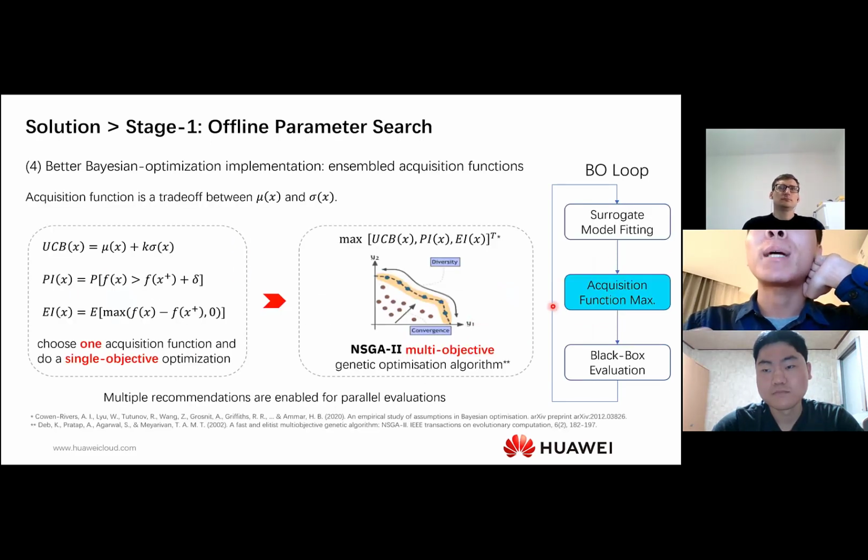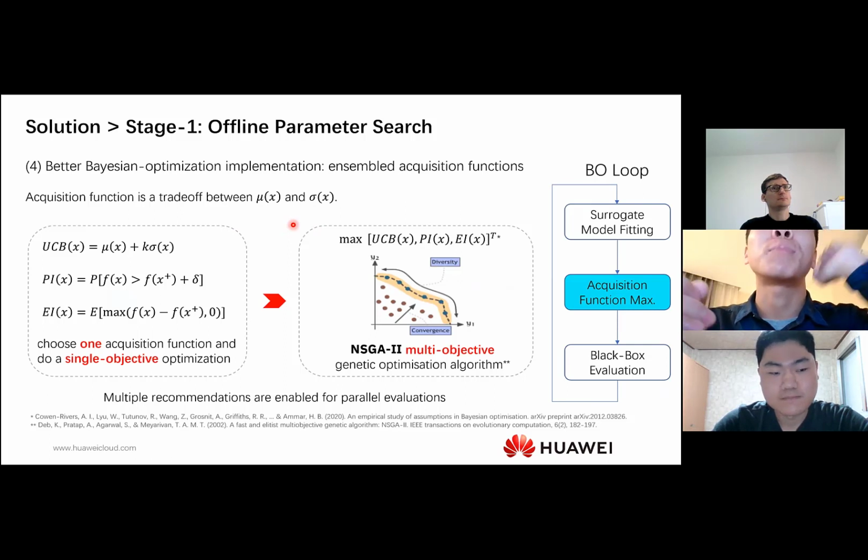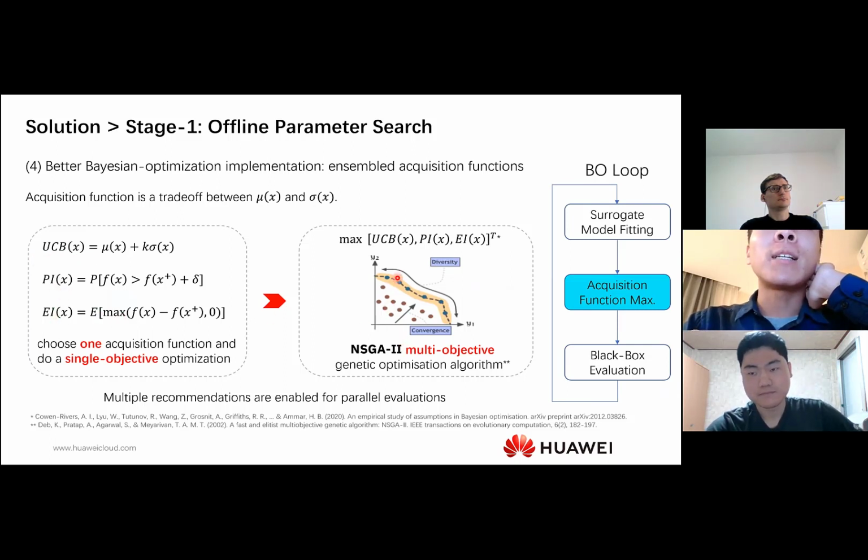And in the step of maximizing the acquisition function, we do multi-objective optimization with acquisition functions of UCB, PI, and EI. The Pareto front is obtained using the NSGA2 algorithm, and from this Pareto front we sample the recommended parameters for the next iteration in BO loops.